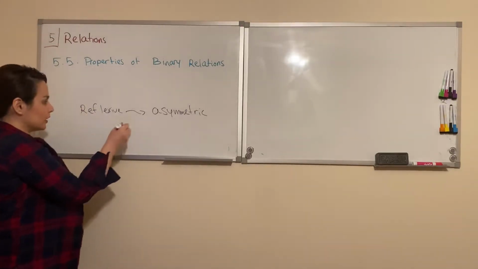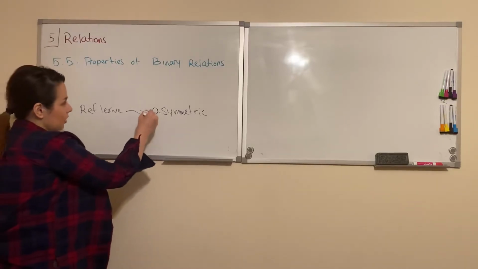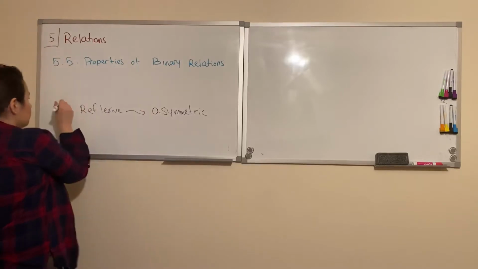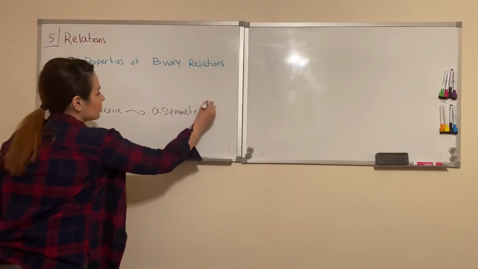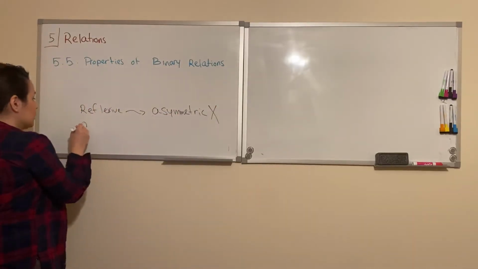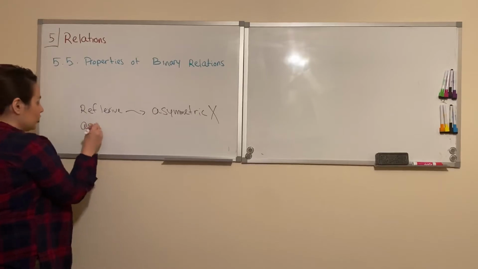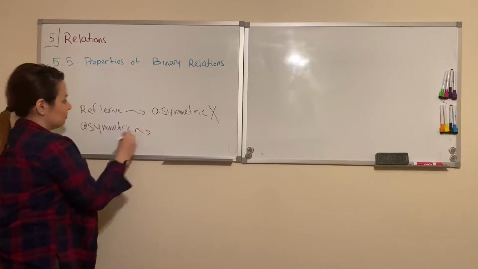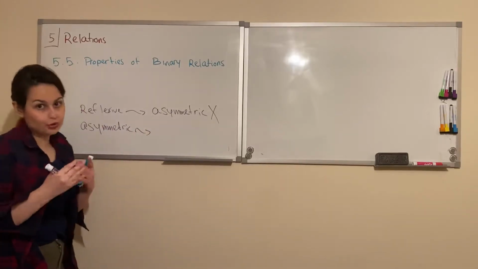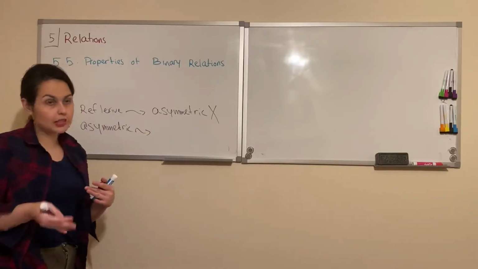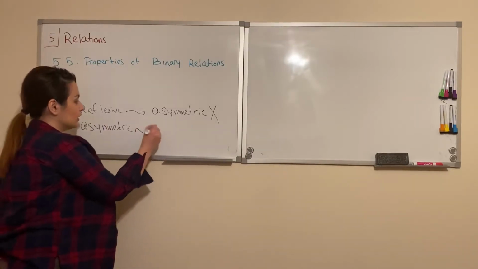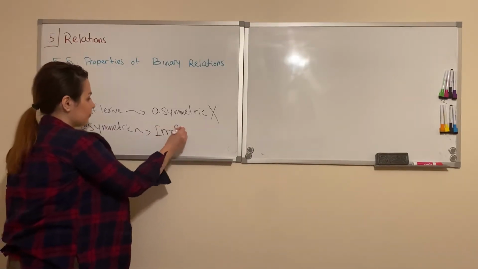One other thing is that when a relation is asymmetric, then we can actually realize that nothing is in relation with itself, no element is in relation with itself, which actually means that it is irreflexive.